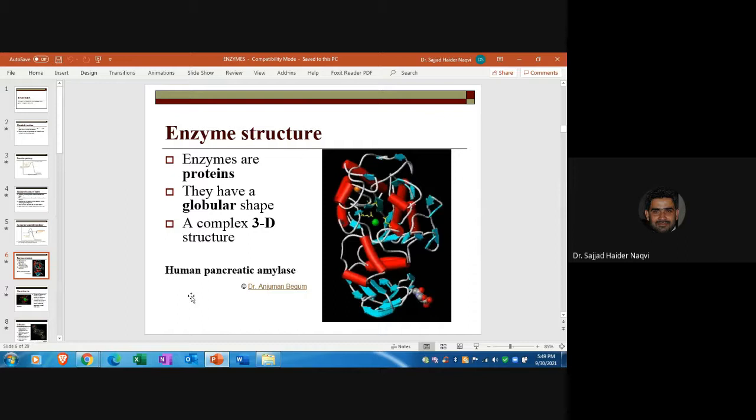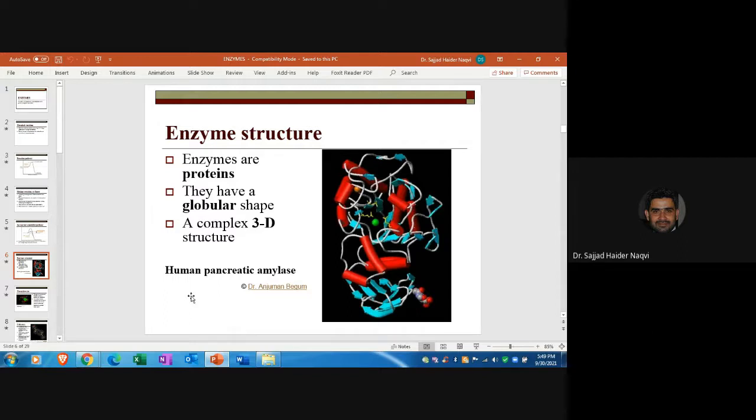For a protein to be functionally active, it must be at the tertiary or quaternary level. So enzymes are functional proteins. They catalyze the metabolic pathways, and they have a specific 3D structure that corresponds to their tertiary or quaternary structure.